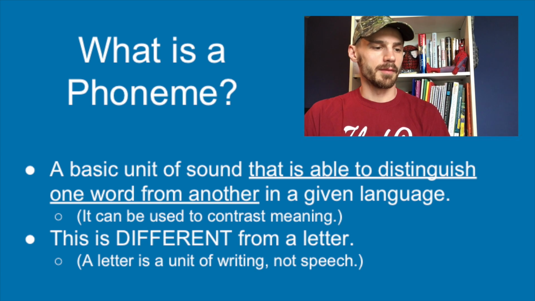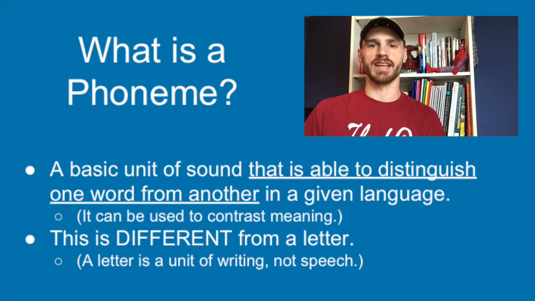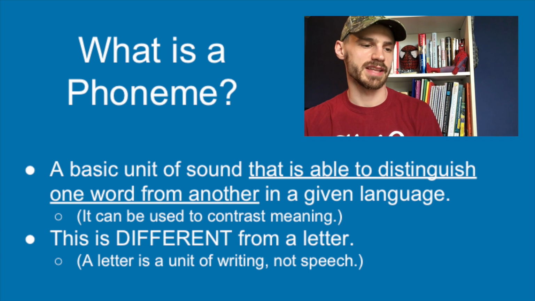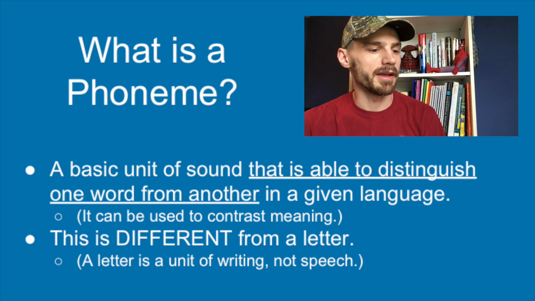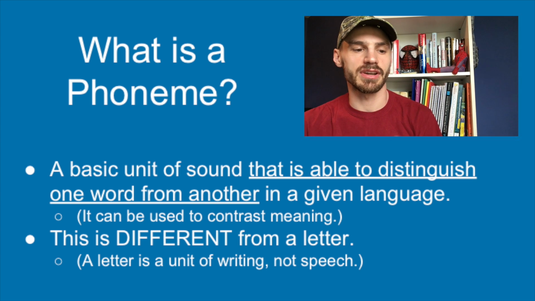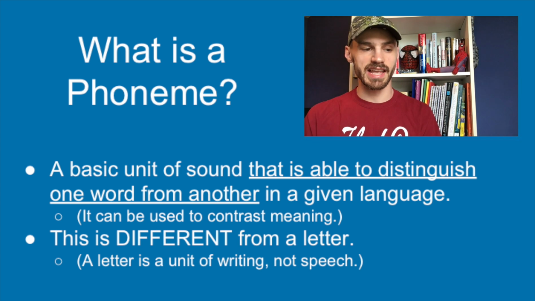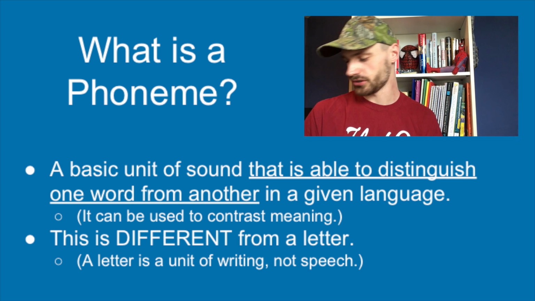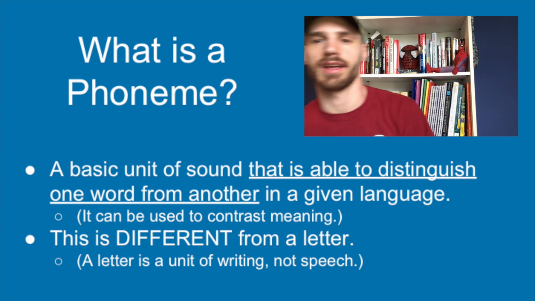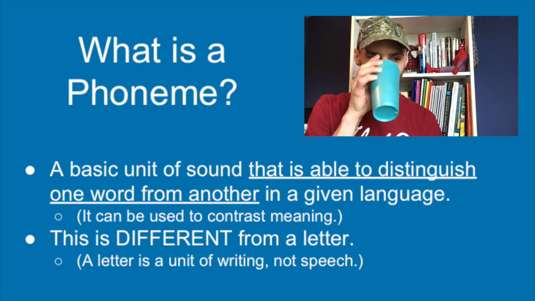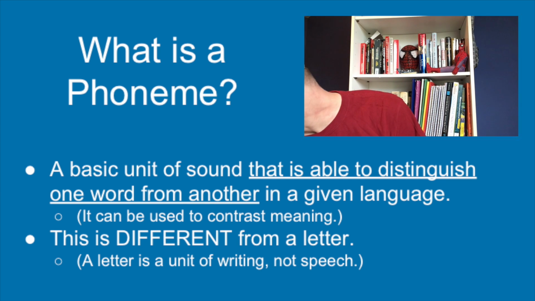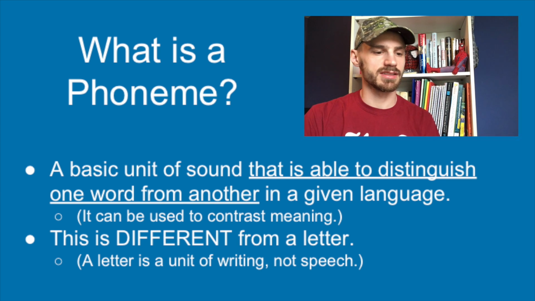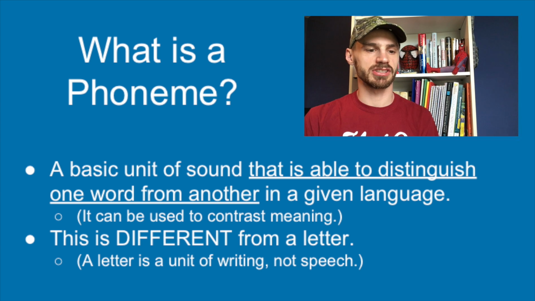All right. The basic unit of phonology is the phoneme. So what is that? A phoneme is a basic unit of sound that is able to distinguish one word from another in a given language. And there's two parts that I want to highlight there. The first of which is the fact that a phoneme has to be able to distinguish one word from another.